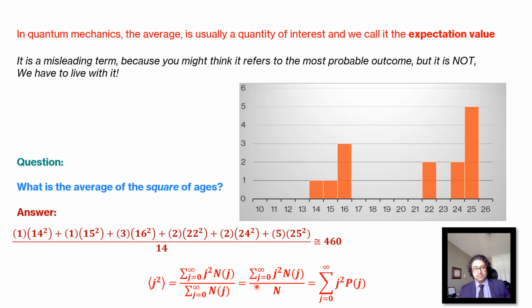And again, since the sum of nj over n appears, this nj over n is probability, so I can calculate the average value of the square of ages by multiplying the square of the age times the probability of getting that age and then summing up over all the individuals in the room.